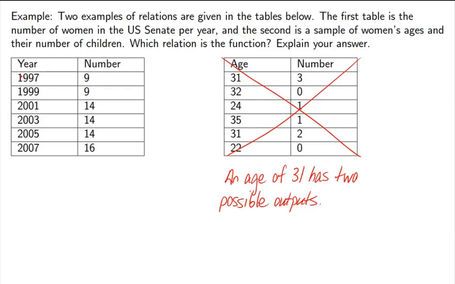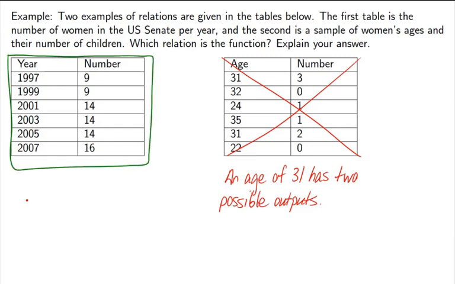When you say I am inputting 1997, the output is there were 9 people. There's no ambiguity there. When you say the input year is 1999, the output is 9 women. Again, no ambiguity there. So it's okay for an output to repeat because it's still saying this input brings 1 output. So with that said, this is the correct answer.